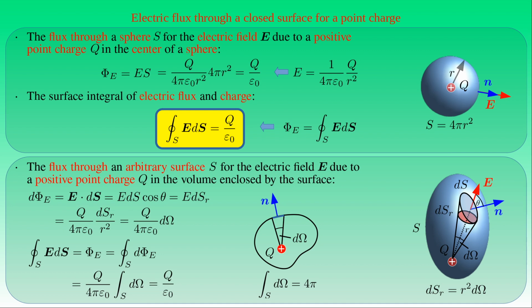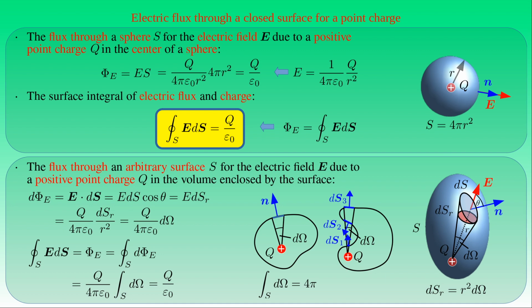In the case of a surface where the lines originating from the point charge q intersect the surface more than once, we proceed as follows. For example, if the lines originating from the point charge intersect the surface 3 times, then the surface area elements subtending the solid angle d omega are ds1, ds2 and ds3. Since the electric field of the point charge is spherically symmetric, the magnitude of its flux is the same through all the 3 area elements.